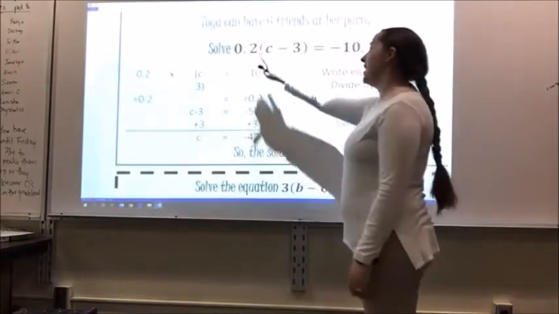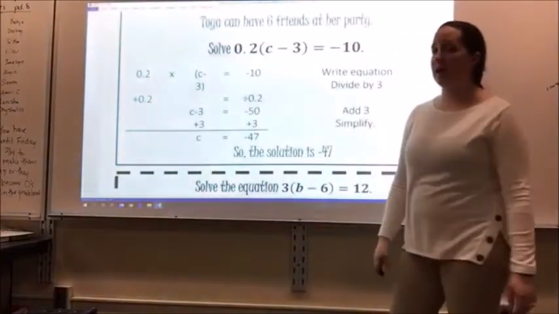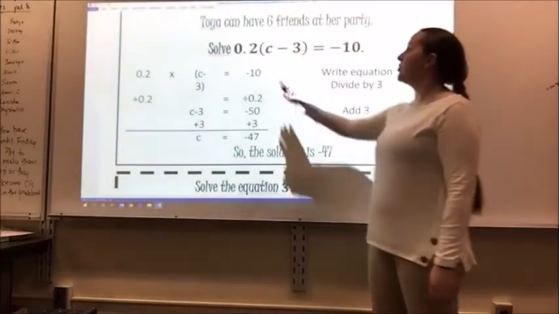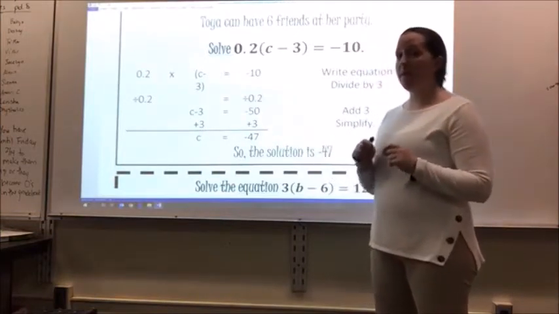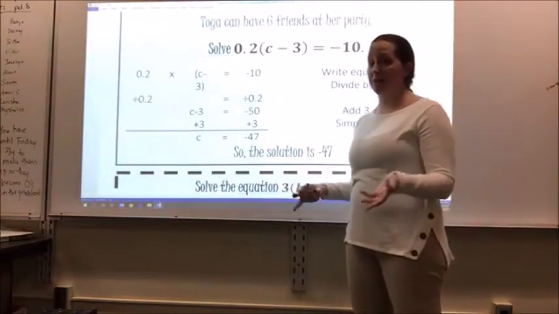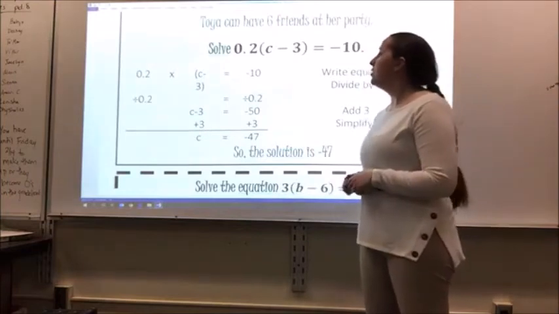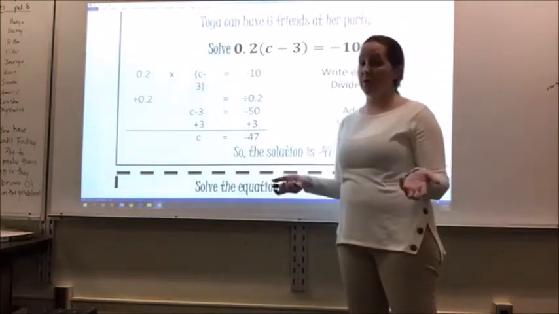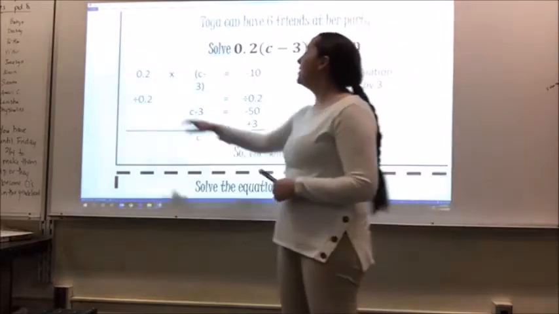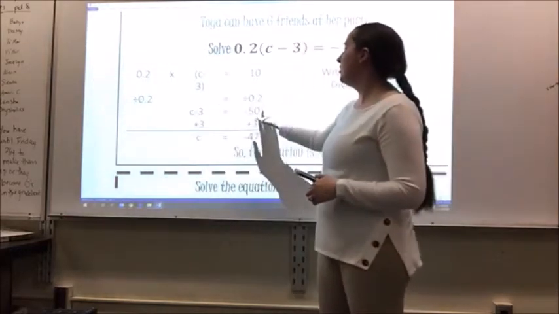So in this case, I have 0.2 times the quantity c minus 3. So I need to divide both sides by 0.2 first, because that's on the outside of my parentheses. Normally you would do what's on the inside, but because we're solving for something, you're going to do what's on the outside. So I divide both sides by 0.2.